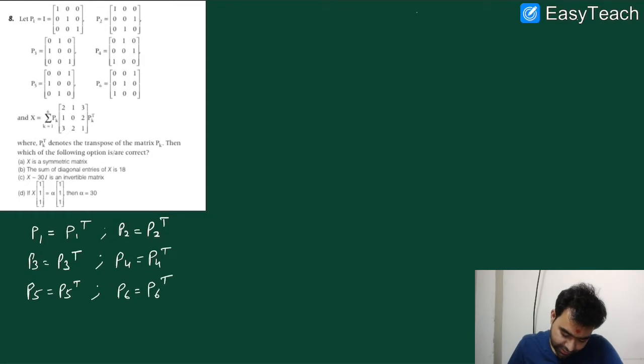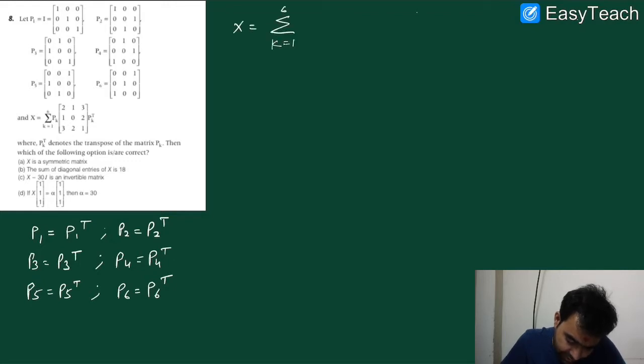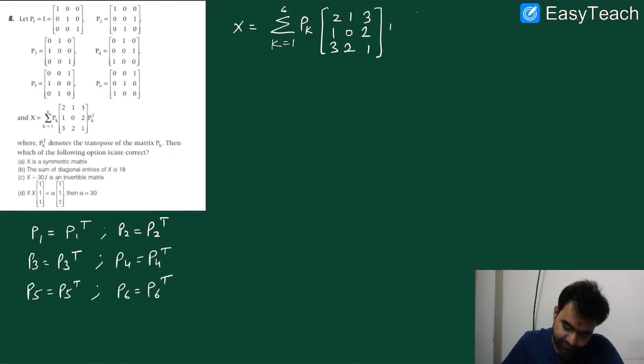Now here there is one piece of information given: X is equal to the summation of k equals 1 to 6 of Pk into 213102321 into Pk transpose. In this information there is one matrix given.